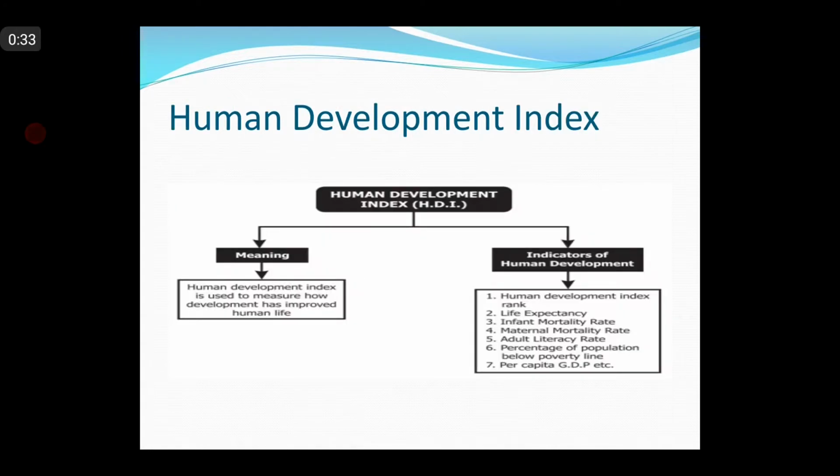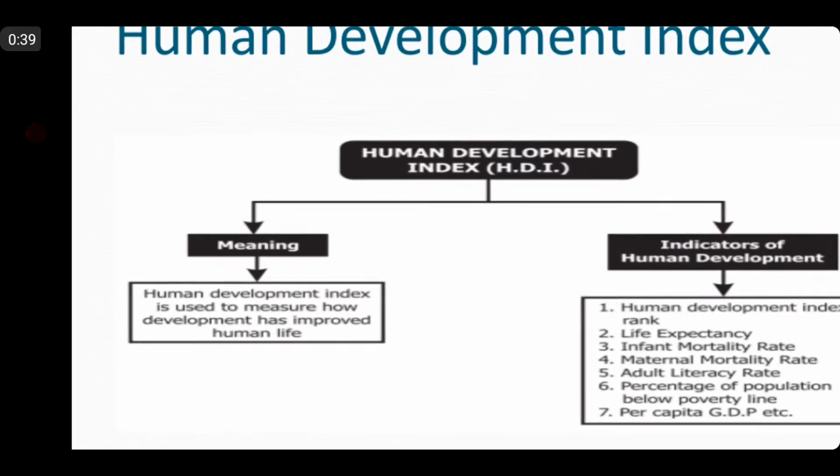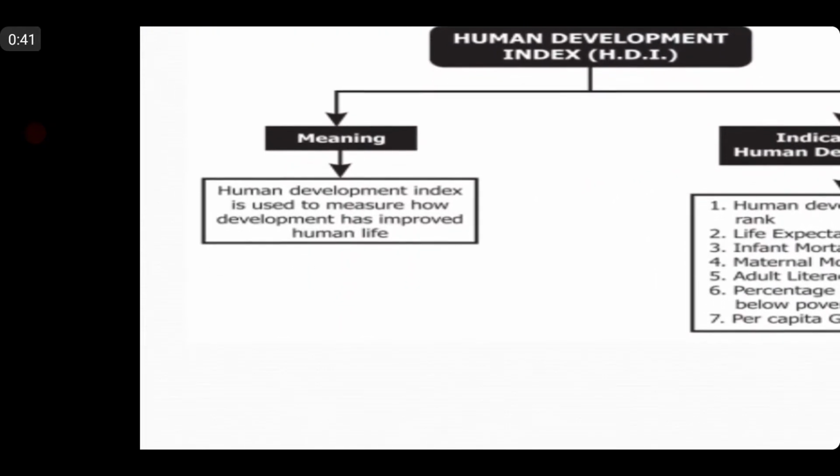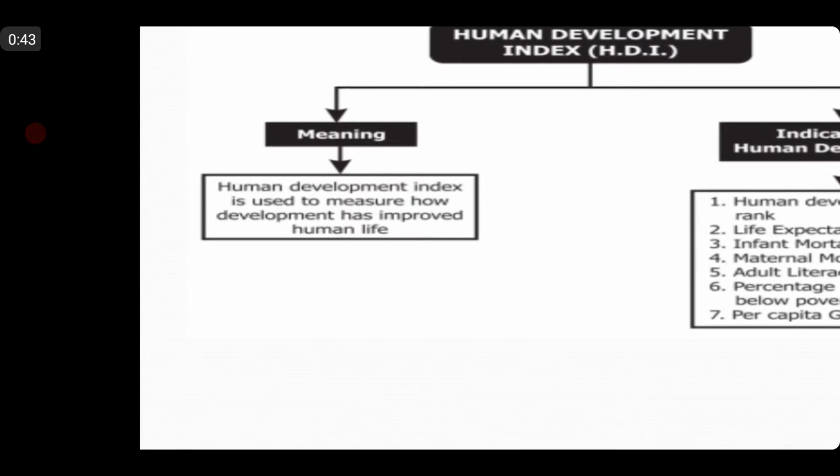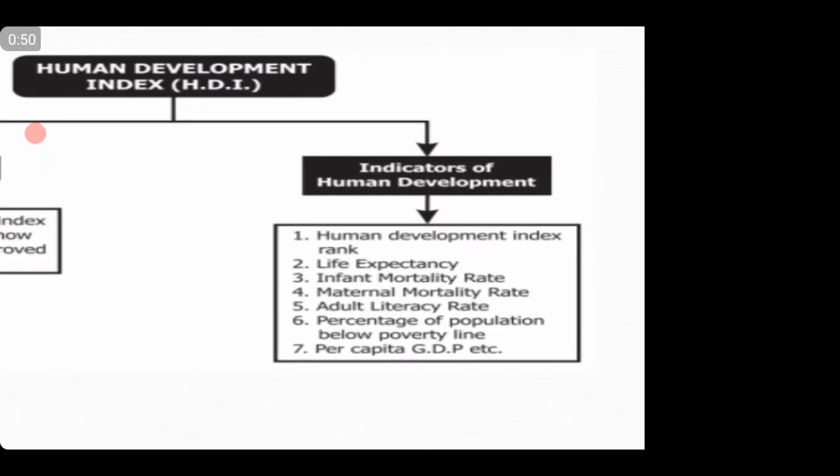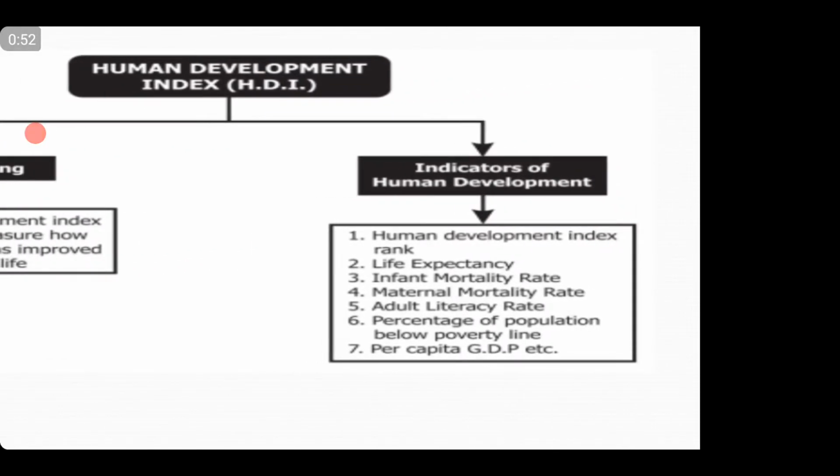Here, there is one mind map through which I have tried to make you understand the meaning of human development. Human Development Index is used to measure how development has improved human life. Then, what are the different indicators of human development?